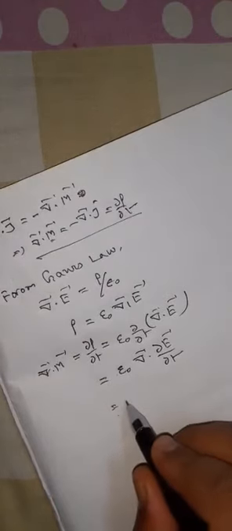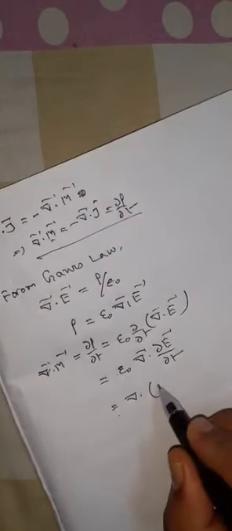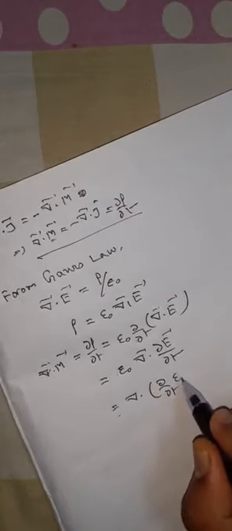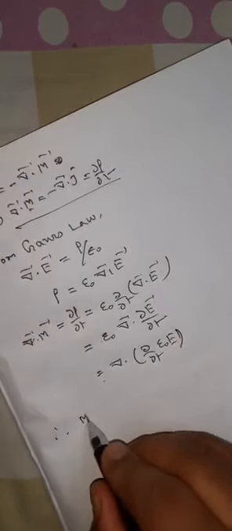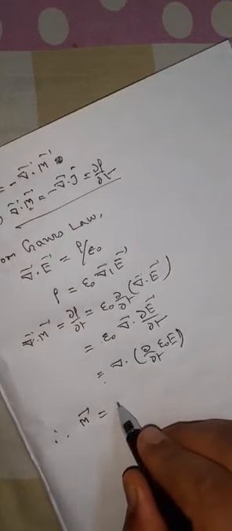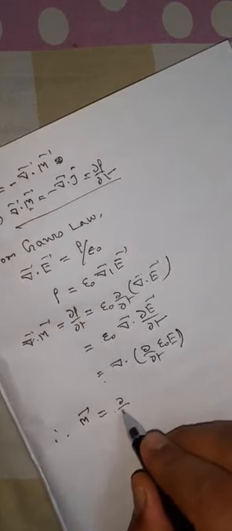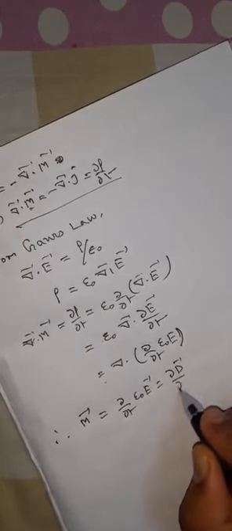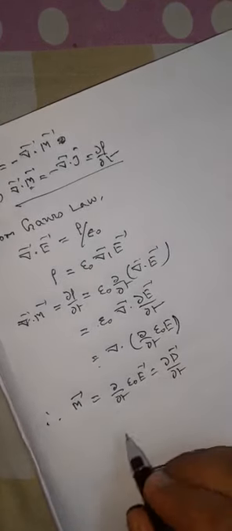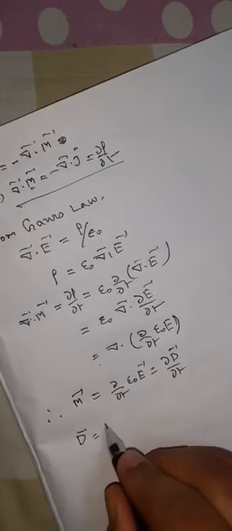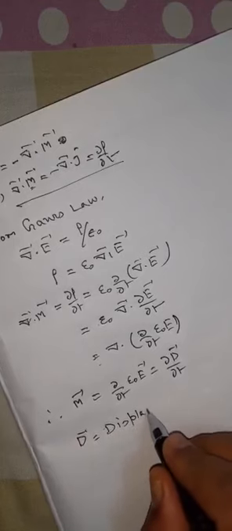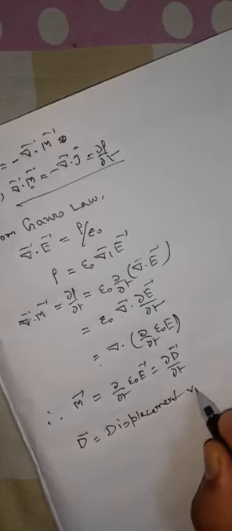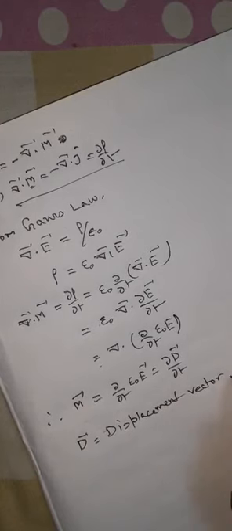So this is divergence of del del t of epsilon 0 E, because epsilon 0 is a constant. Therefore we can write M is nothing but del del t of epsilon 0 E, which is del D del t, where D is the displacement vector, and we will be discussing this displacement vector in our dielectrics chapter.